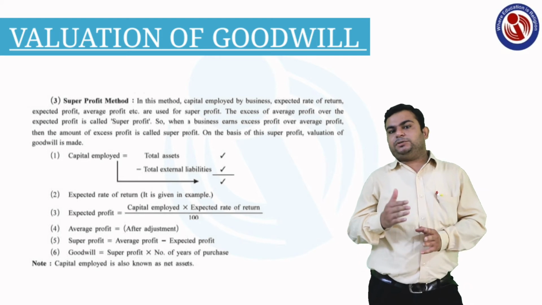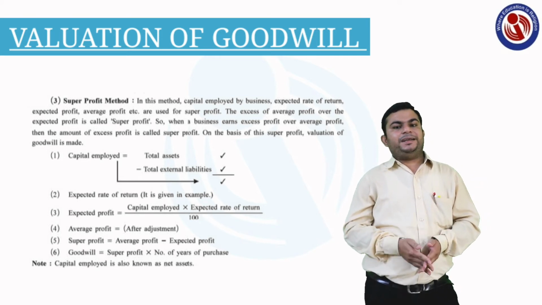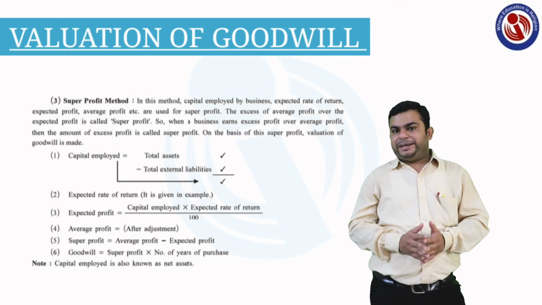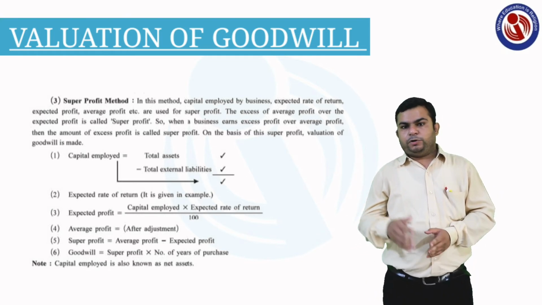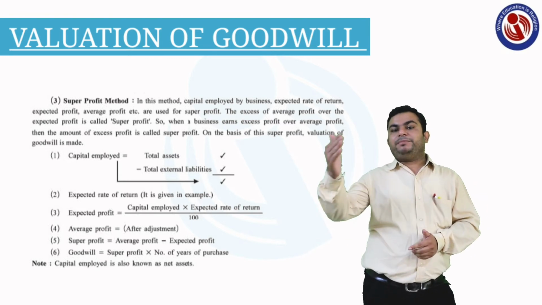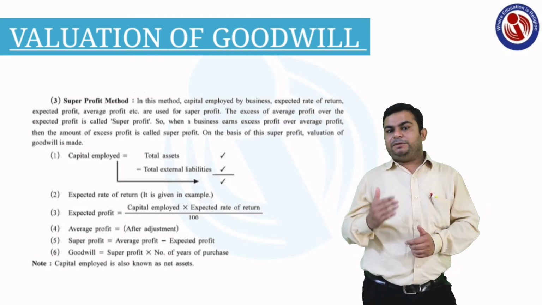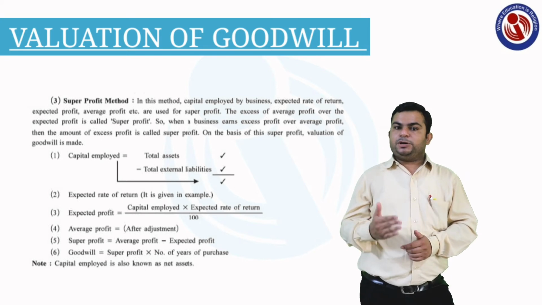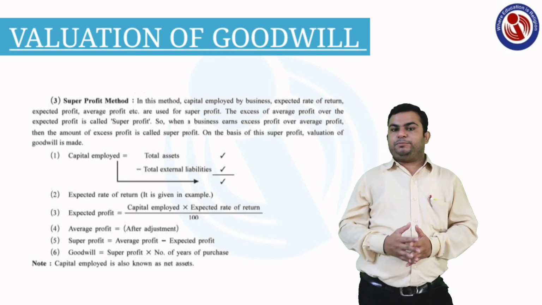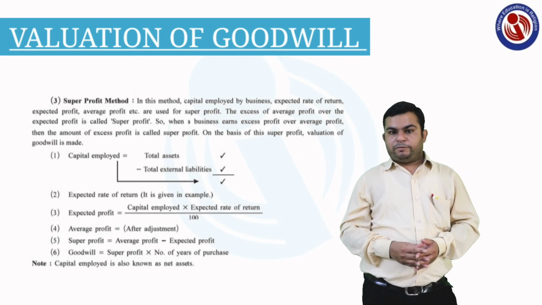So we can find out this super profit by deducting expected profit from the average profit. So we get a super profit. For your easy calculation, you can remember it like step 1 minus step 2. Step 1 we have found average profit, step number 2 we have found expected profit. When we deduct step 2 from step 1, we get super profit.